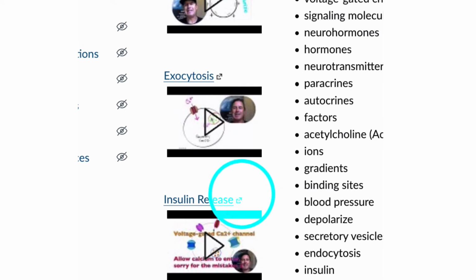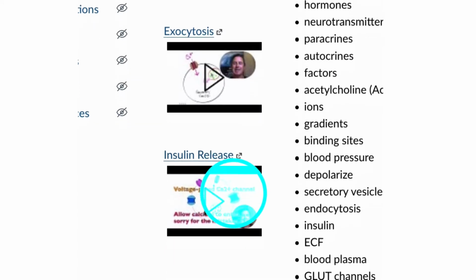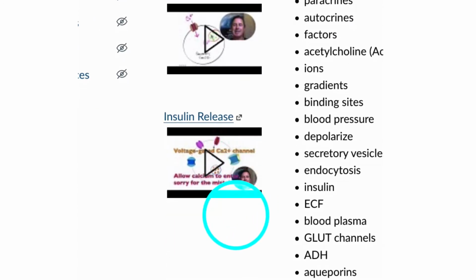Exocytosis and insulin release. Exocytosis is the release of contents within secretory vesicles inside of a cell. And the reason I have insulin release, it's very important in our body, but two, it covers a wide breadth of things we've already talked about.